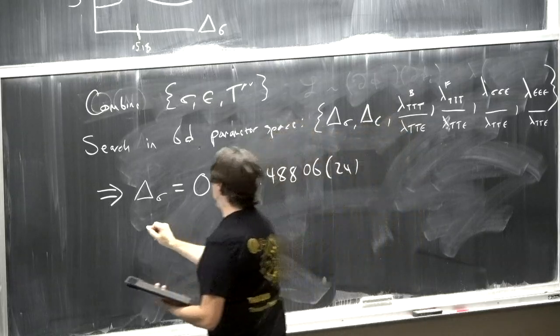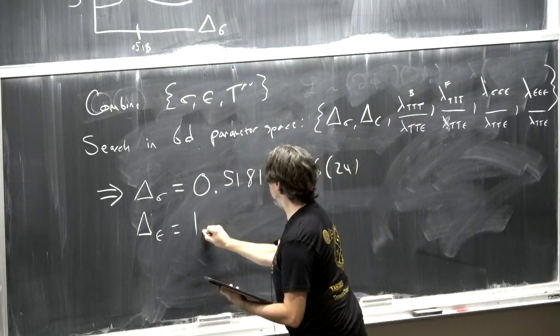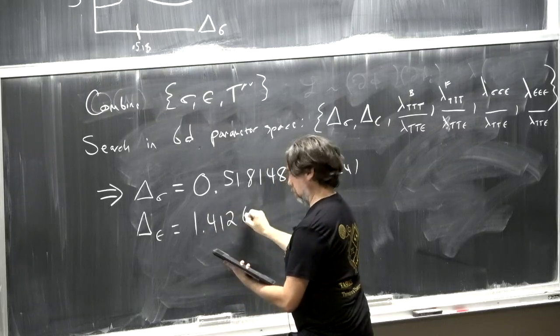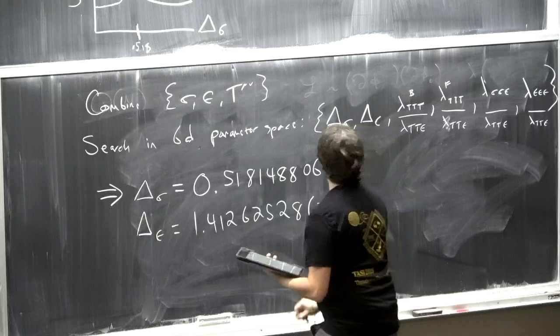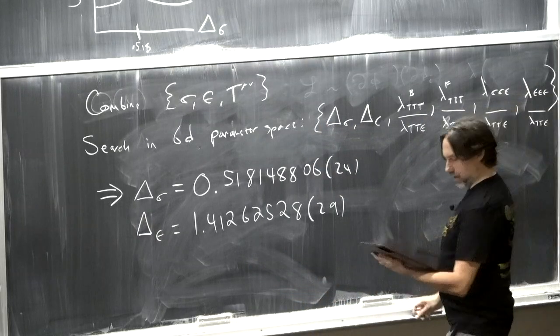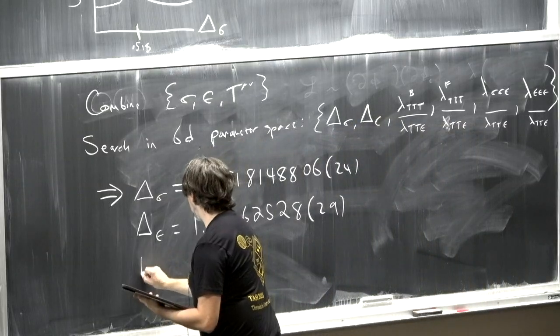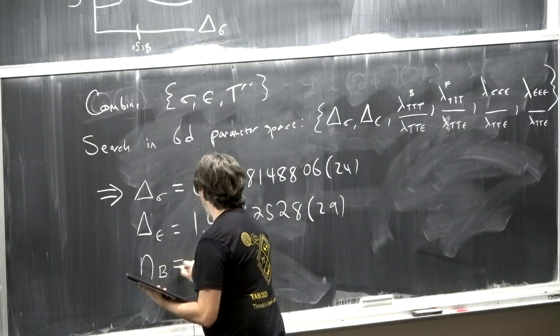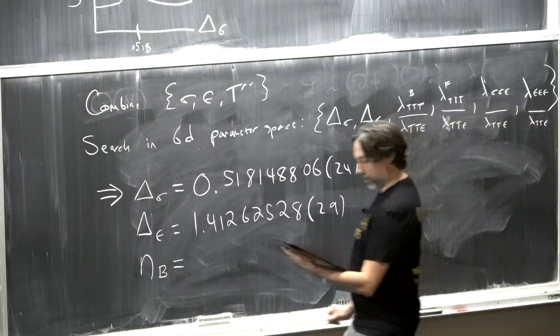Okay, so here's the latest that you get for the scaling dimensions. And we also get very precise data for these OPE coefficients. In particular, let me highlight these coefficients in the stress tensor 3-point function, which we now know extremely precisely.